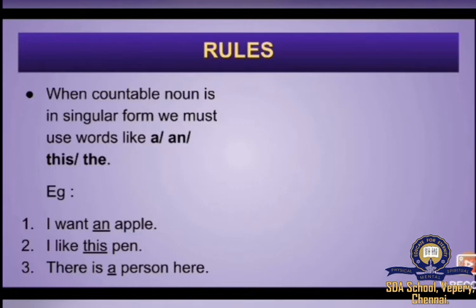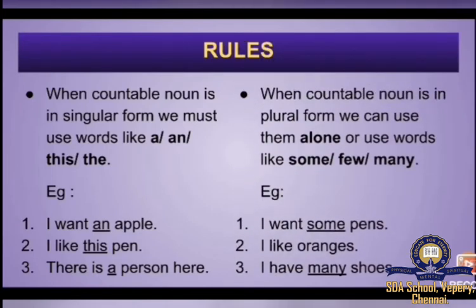So rule number 2 is when a countable noun is in plural form, we can use them alone or we can use words like some or few or many. Let's see examples. First one, I want some pens. You can see I want 4 pens or you can say I want some pens.